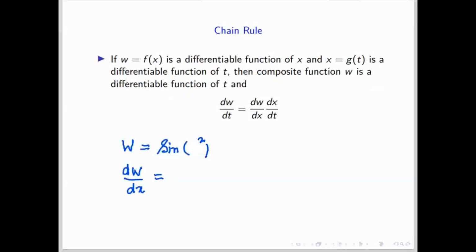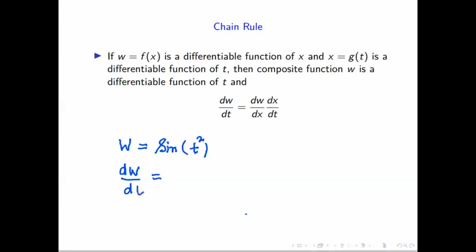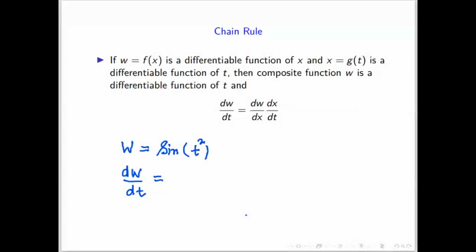Or we can take here t. Then what is the derivative of this function with respect to t? So can anyone tell what will be the derivative of function w with respect to t? 2t cos t square.